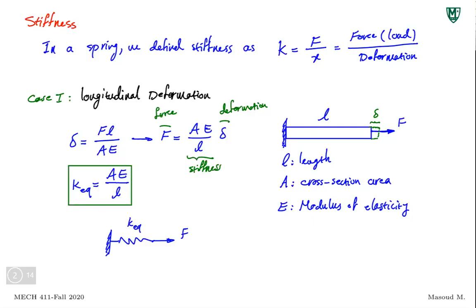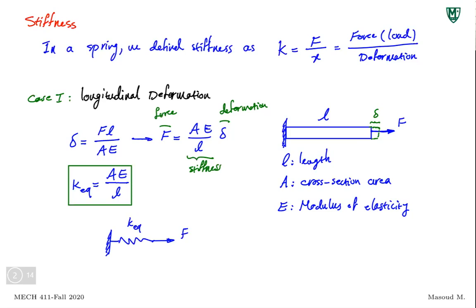Now, if I had a mass attached to the tip of this beam, keep in mind that I ignored the mass of the beam. Sometimes what we do is say, let's assume the whole mass of the beam is concentrated at the tip of the beam or somewhere else. But in this case, let's just say we ignore the mass of the beam.